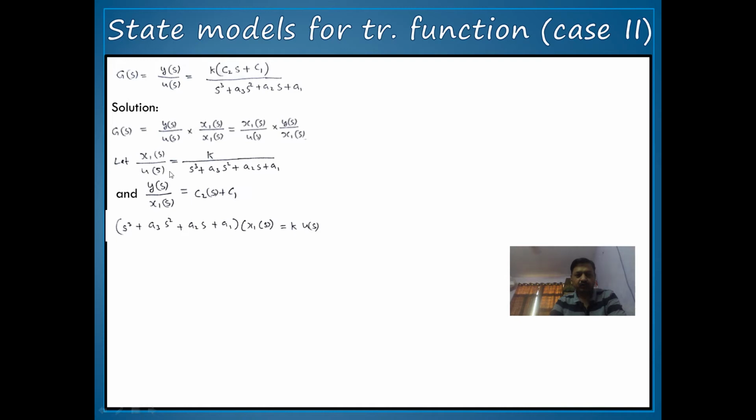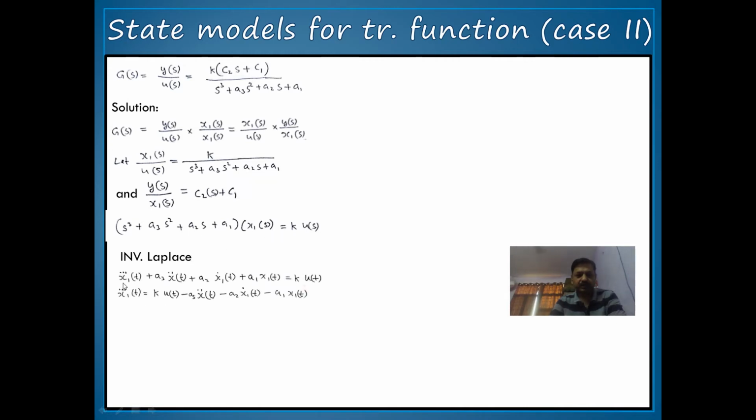Now we are going to solve the first part of this equation. In the first part we cross multiply X1 with this transfer function, and after cross multiplying we take the inverse Laplace.